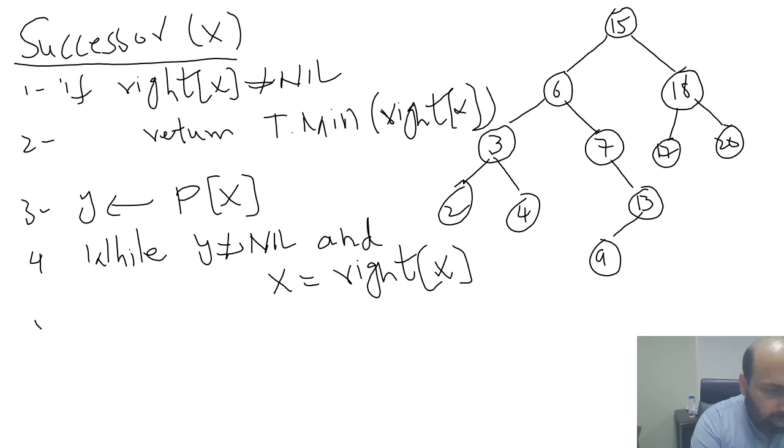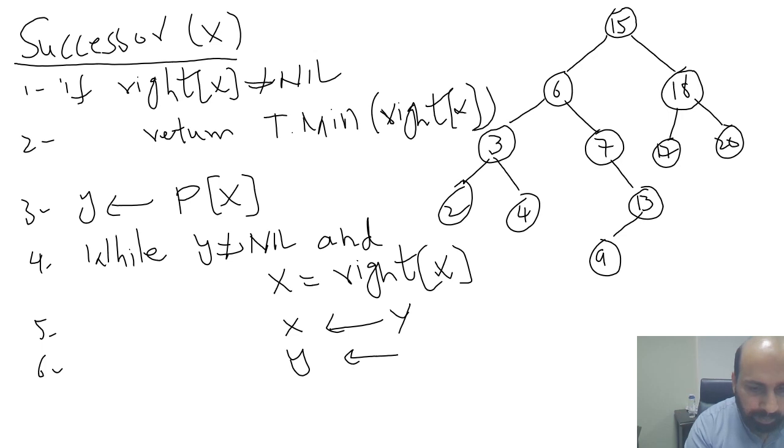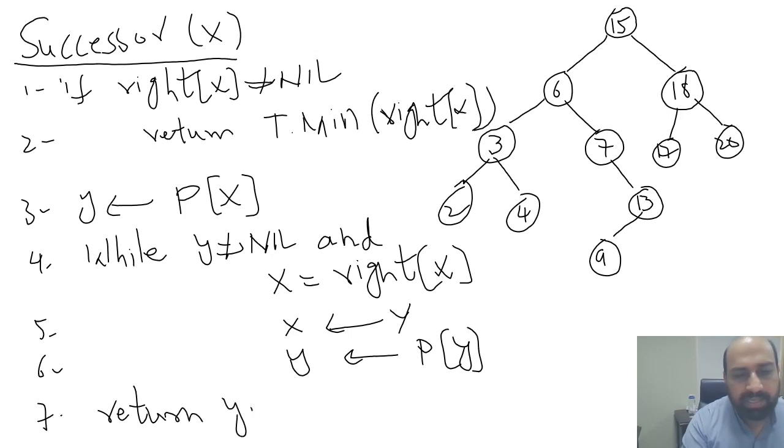If this is true, then assign the y value to X, right? And update y with parent of y, right? And finally, when this loop is over, return y.